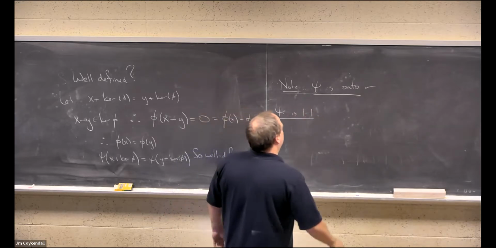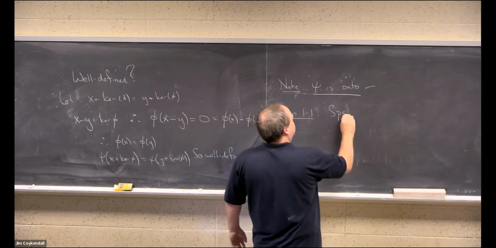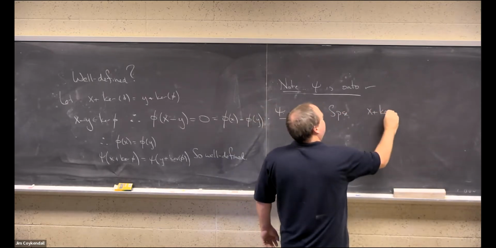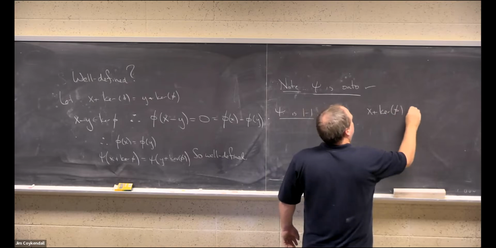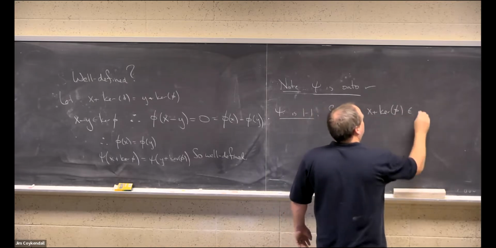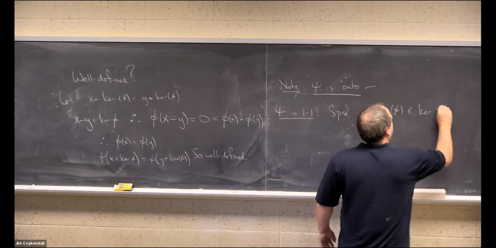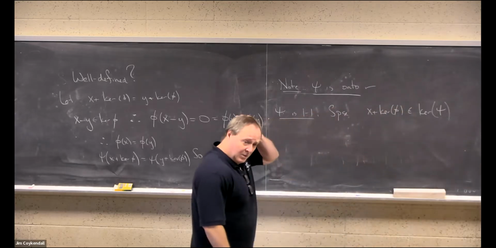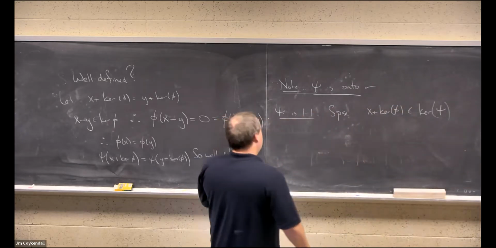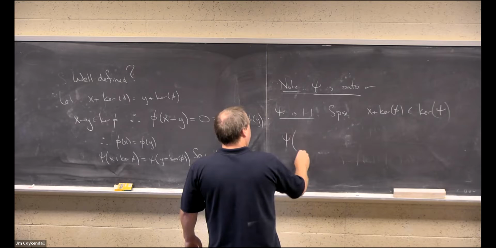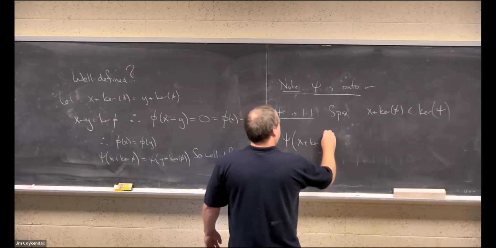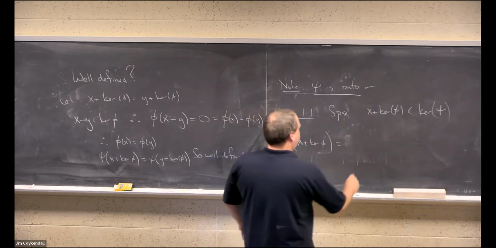Yes, suppose x plus the kernel of φ is contained in the kernel of ψ. Well, what this means is ψ of x plus the kernel of φ. Well, my rule says this is φ(x).